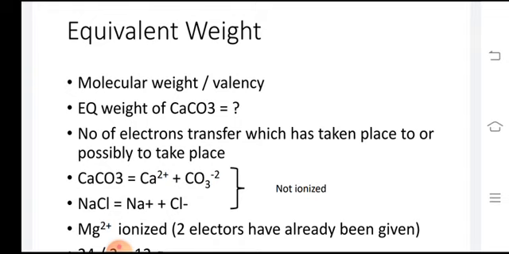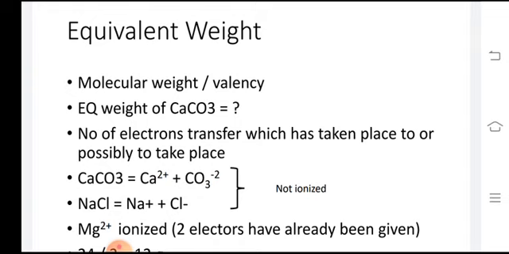So the number of electrons transferred, or possibly to be transferred, between two ions, atoms, molecules or radicals is expressed as our equivalent weight.